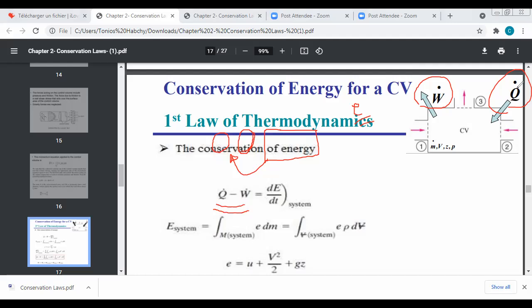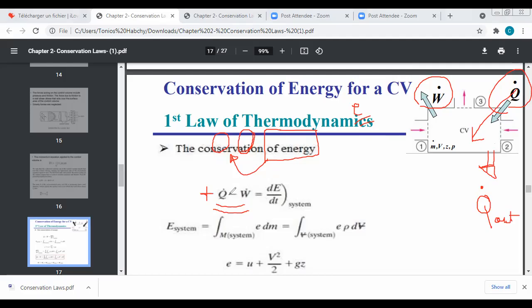We consider that if heat is gained by the system, it is positive, while if heat is lost by the system, it's considered negative. So Q out is considered a negative flux, while Q dot in is considered a positive flux.